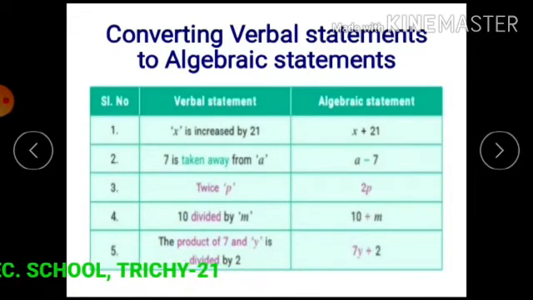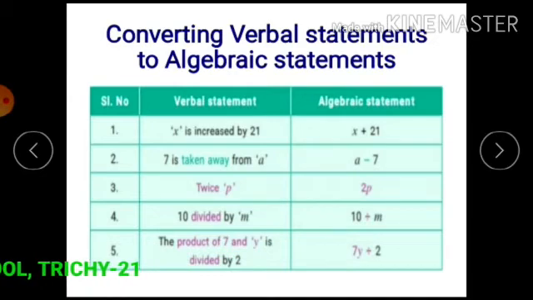Now we do some more verbal statements to algebraic statements. x is increased by 21 is the given verbal statement. The equivalent algebraic statement is x plus 21. 7 is taken away from a is the verbal statement. a minus 7 is the algebraic statement.